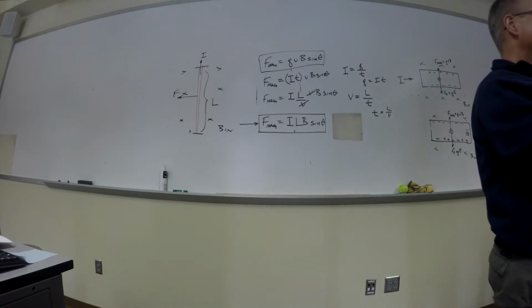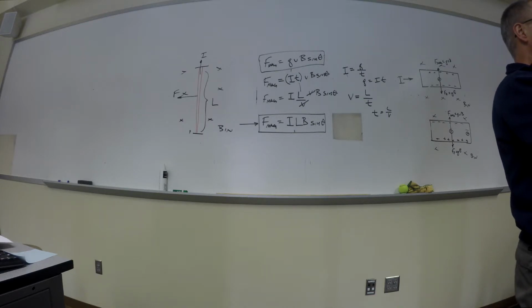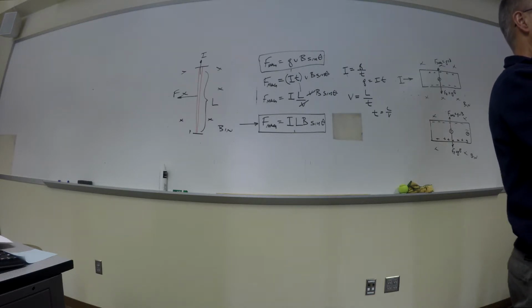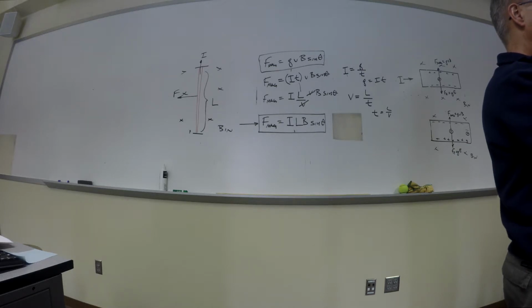The force is going to be pointing outward. That way, right? So no force here, no force here, I've got a force there on this side. What's the direction of the force on this side? Now my current's that way. Current's up, field's to the right. I've got force this way.